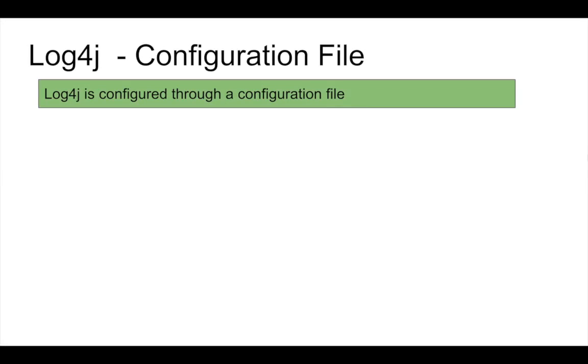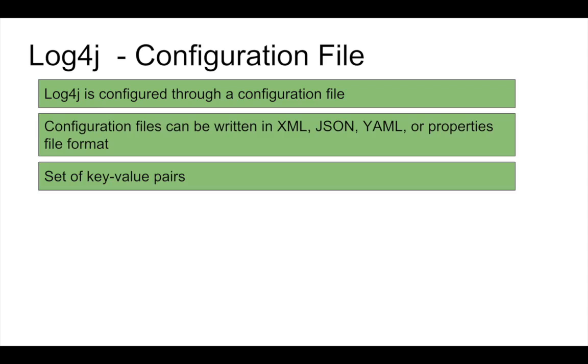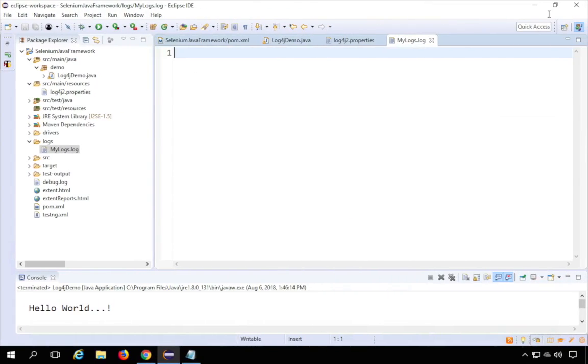So just a quick information on Log4j configuration file. This will be useful in your interview questions or just for knowledge. Log4j is configured through a configuration file that we just saw, and it can be an XML, JSON, YAML or properties file. We just saw a properties file, and it is a set of key value pairs that we have seen. And in this file there are three main components, which are loggers, appenders and layouts, and that we have seen here.